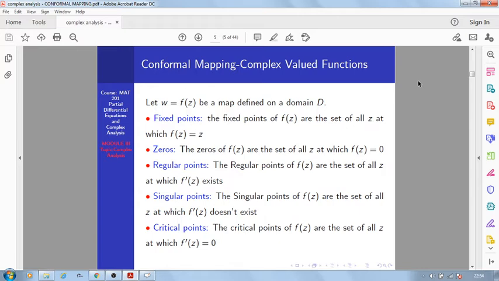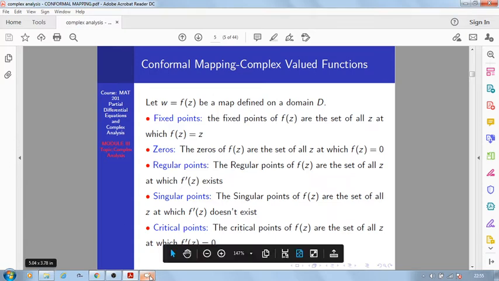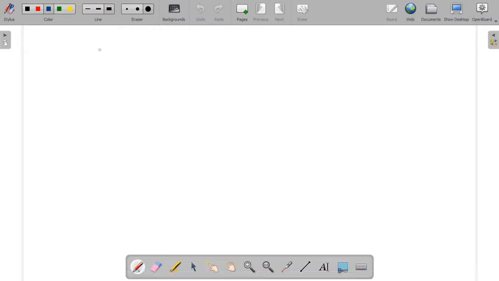Now, when you come to the critical points, those are zeros of the derivative function. Critical points of a function are the set of all points at which the derivative is 0, f dash z equal to 0.